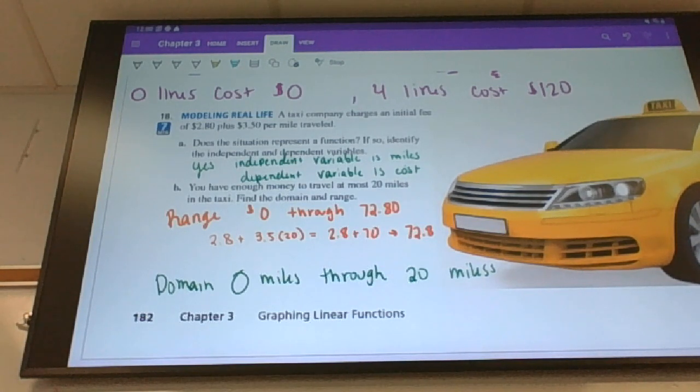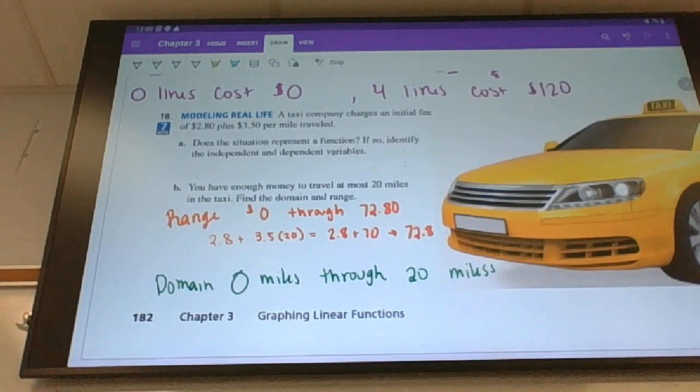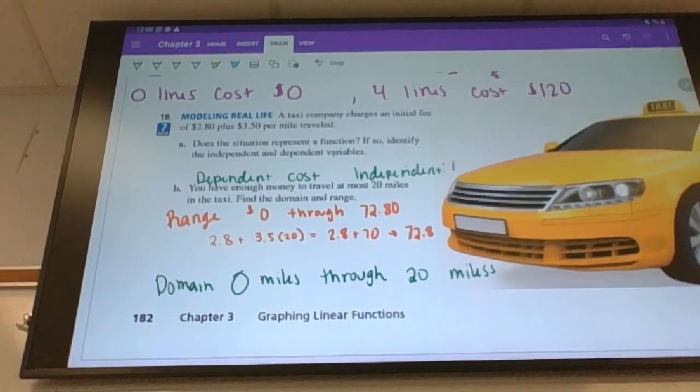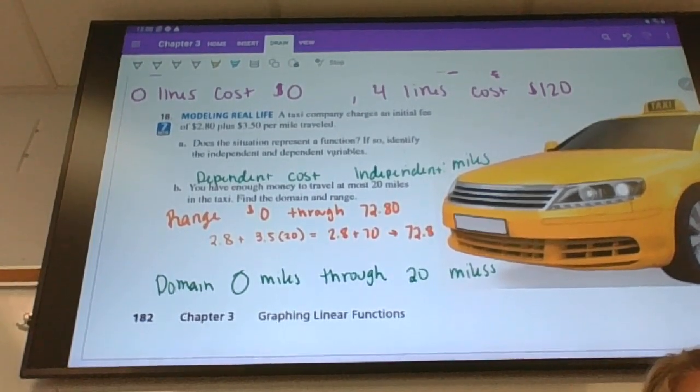The independent variable is the number of miles you drive. The dependent variable is the cost. No, let me switch that. The cost depends on how many miles you drive.